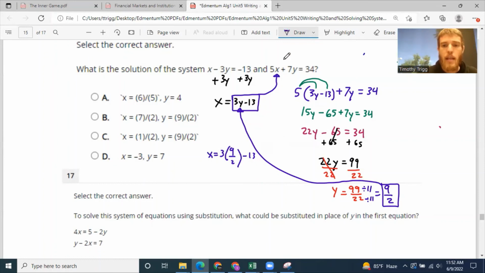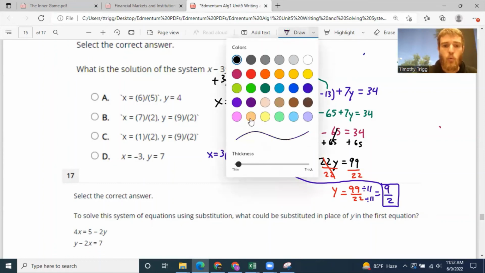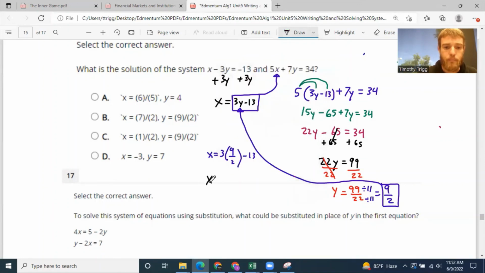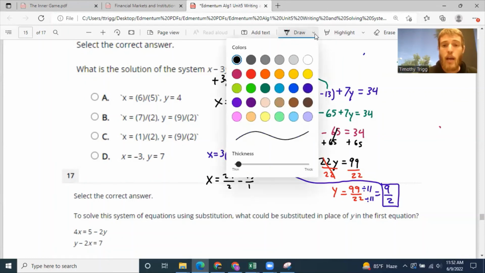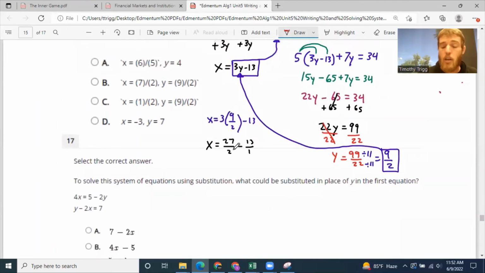So 3 times 9 is 27. So this will be 27 over 2. Just keep the denominators the same. Minus 13, I'm going to call it 13 over 1. Now, when it comes to adding or subtracting fractions, the thing to keep in mind is that you need the same denominator. So these denominators don't currently match.